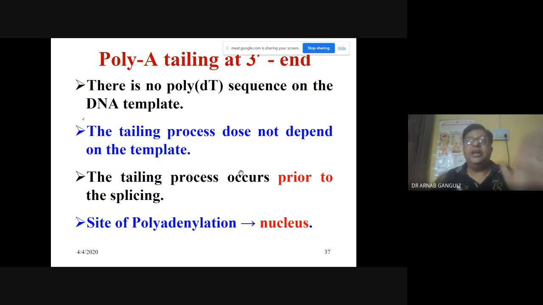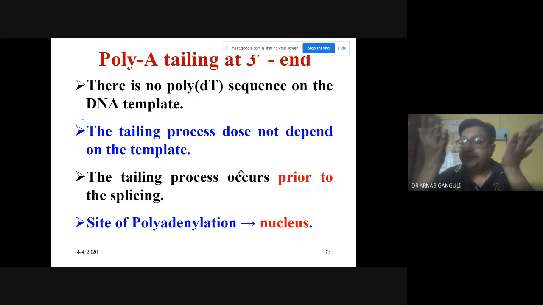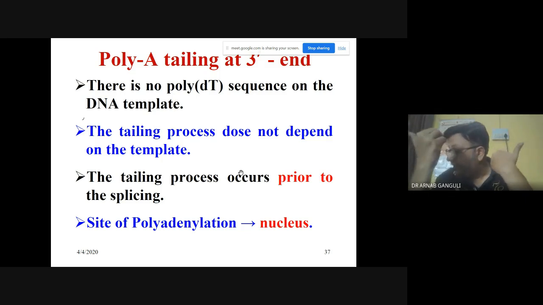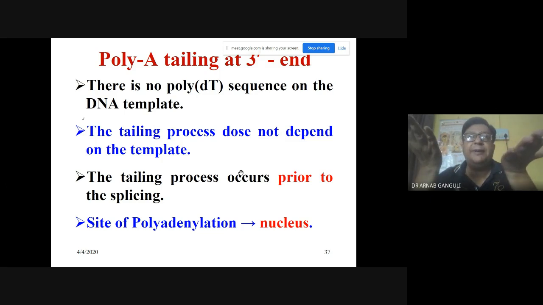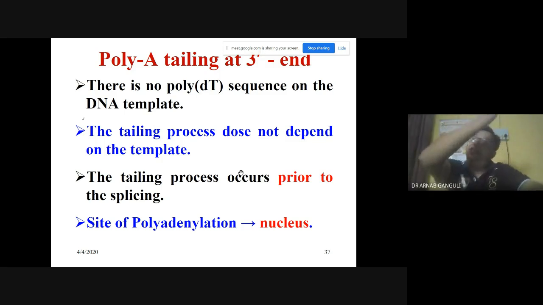I am taking the classes in the sequence as it happens. First, the 5' methyl cap happens. Next, polyadenylation happens. After this, splicing happens. And the site of polyadenylation is in the nucleus.